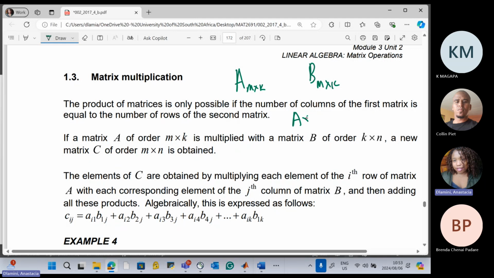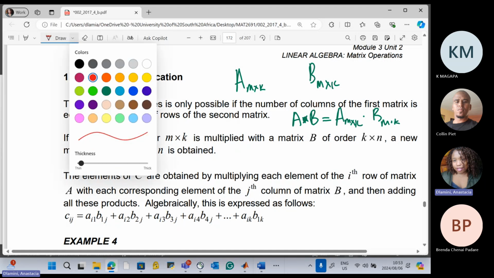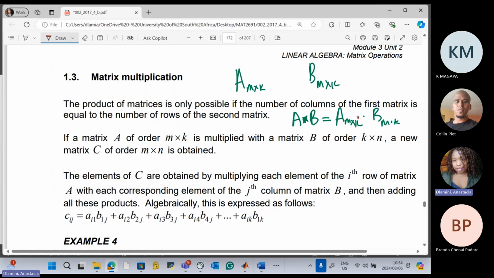So if you're going to say A times B, meaning that we know A is an M by K and times B, which is an M by K matrix. For you to be able to do matrix multiplication, in this case, you can't because this is not equal to that. The two inner dimensions are not equal.